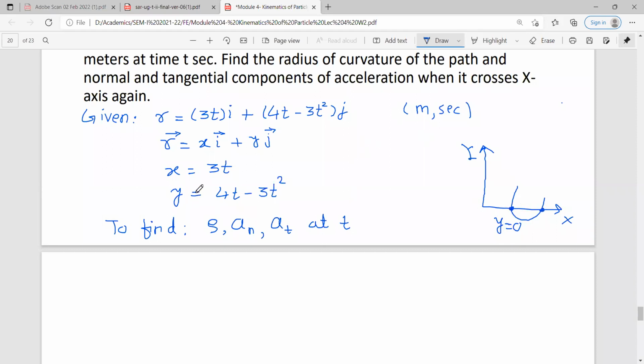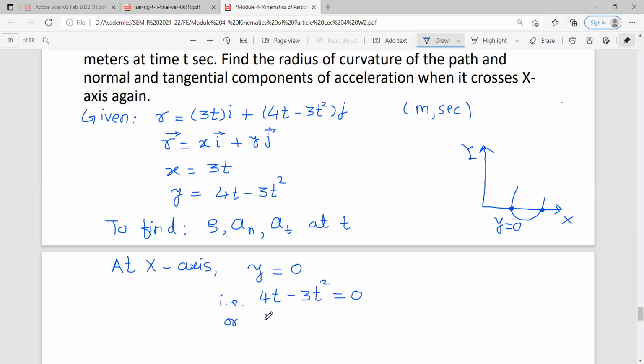So at the x-axis, the y coordinate is equal to 0. What is the equation of y here? 4t minus 3t square. So 4t minus 3t square is equal to 0.